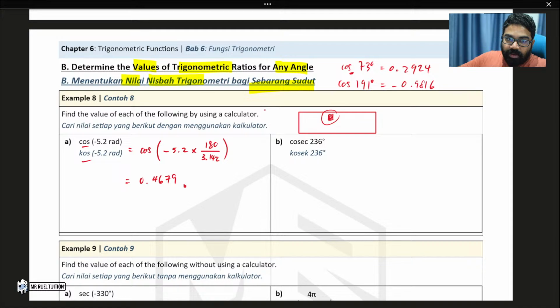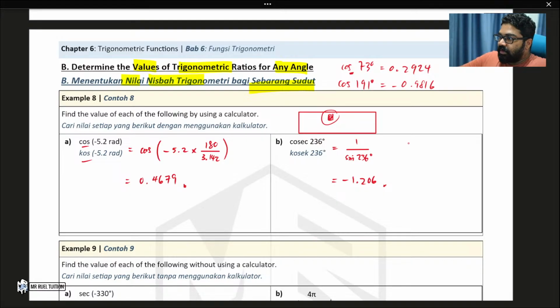Now, cosecant is 1 over sine. So 1 over bracket sine 236. So this one you get negative 1.206, isn't it? Negative 1.206.